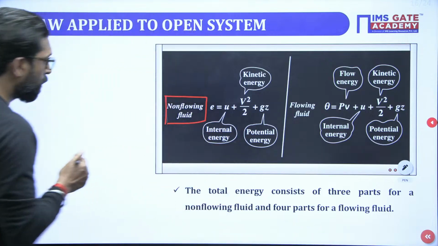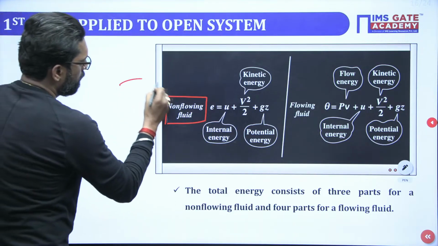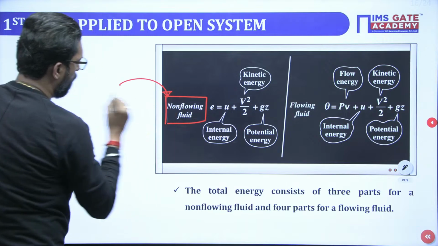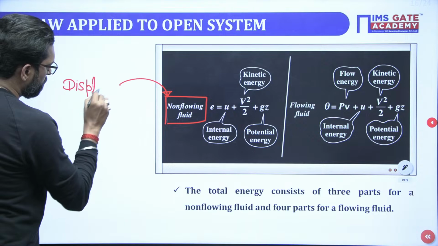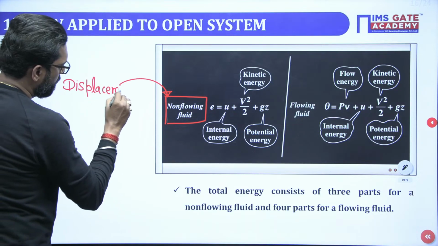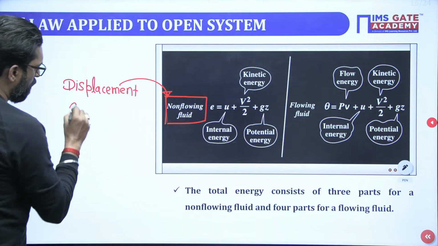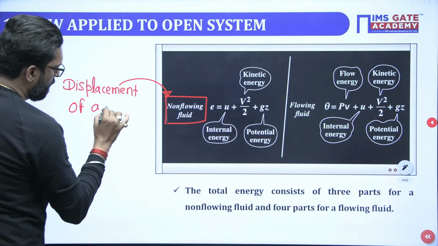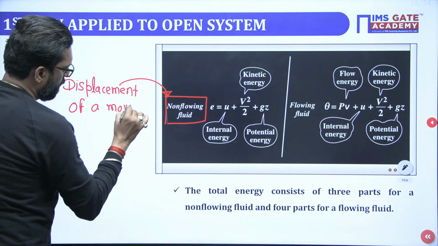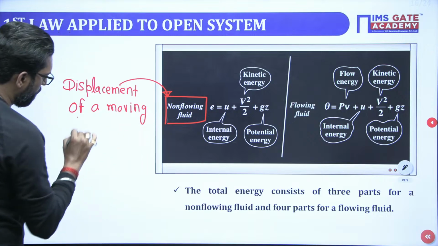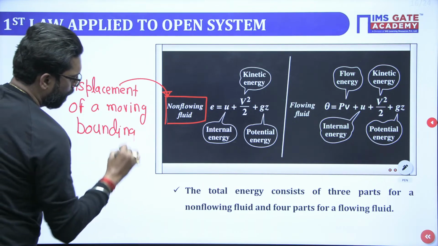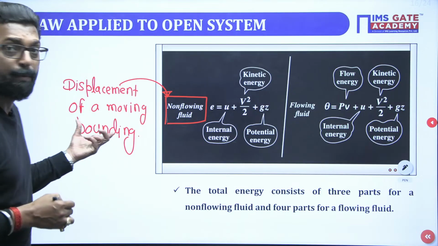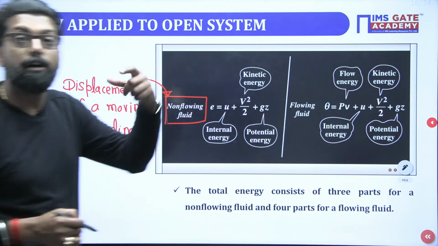Sir, non-flowing fluid means displacement of a moving boundary. Displacement of a moving boundary is called non-flowing fluid.